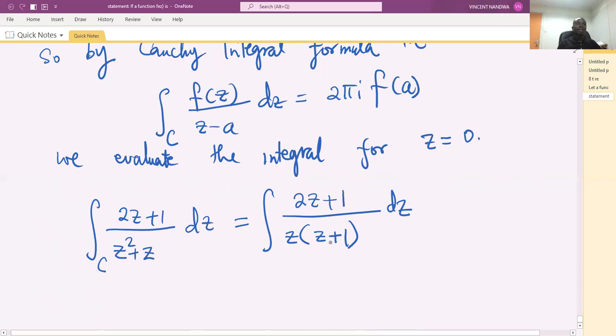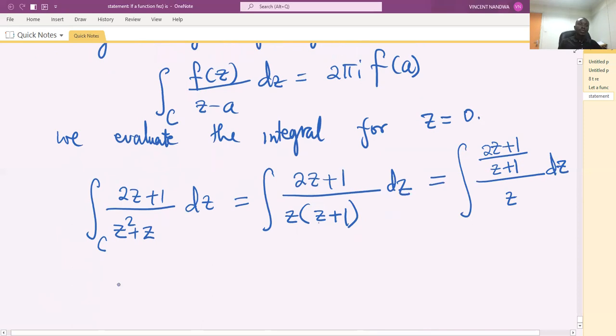So we do that by dividing each numerator and denominator by z plus 1. And that will give us the integral of 2z plus 1 over z plus 1, divided by z, dz. Remember, when you simplify this one, you still get back the original equation. So where our f of z is now 2z plus 1 over z plus 1, a is 0.